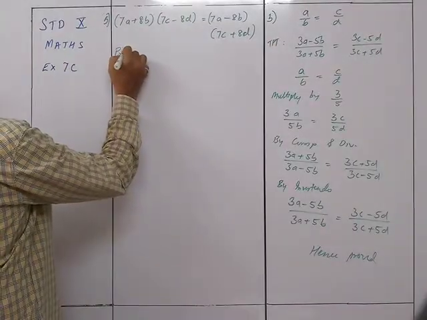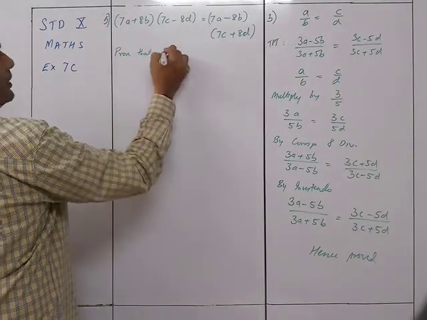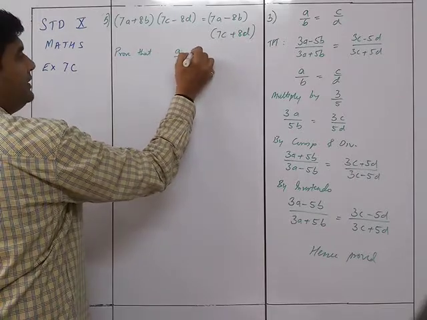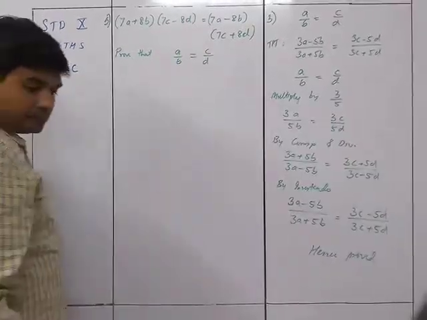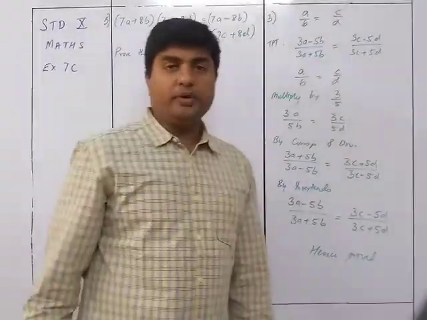Prove that A upon B is equals to C upon D. Okay, this is to be proved.